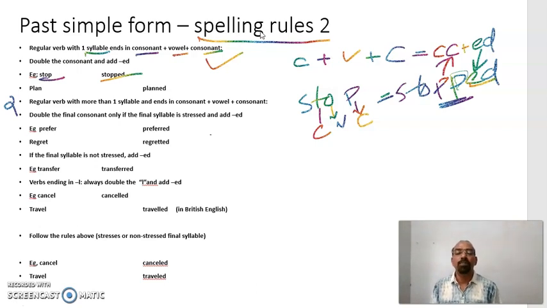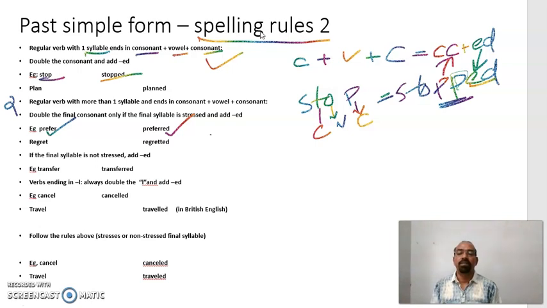If the second syllable is stressed, then we have to double the consonant letter and add ed. Look at the example. Prefer, preferred.